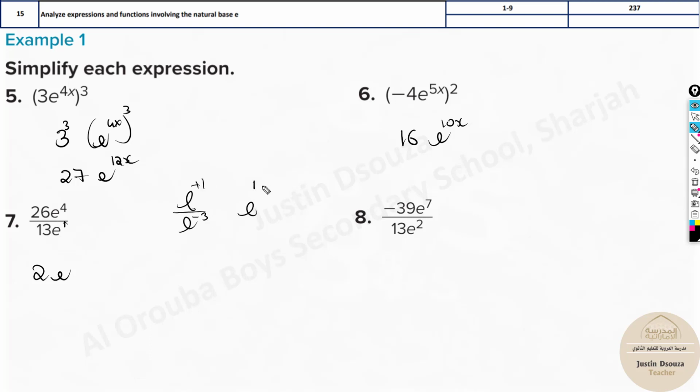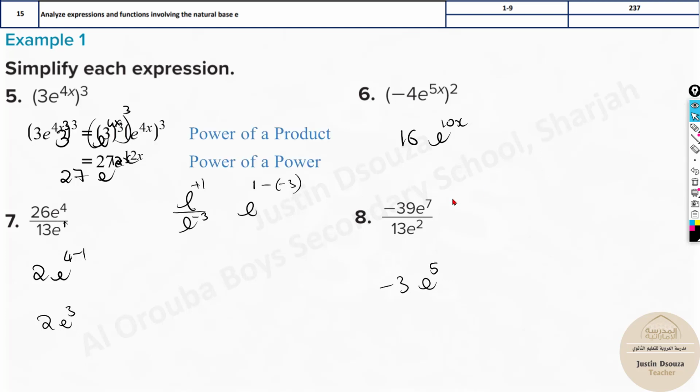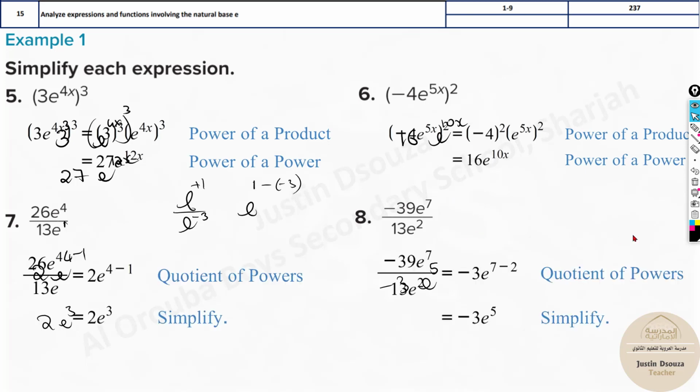In this sense, 1 minus minus 3, it will be e to the power 4. Now here we have 4 minus nothing means it's 1. 4 minus 1, 2 e to the power 3. Same thing over here, it will be negative 3 e power 5. 7 minus 2 will be 5. These are the answers. Very simple and easy answers. You can directly solve them up.